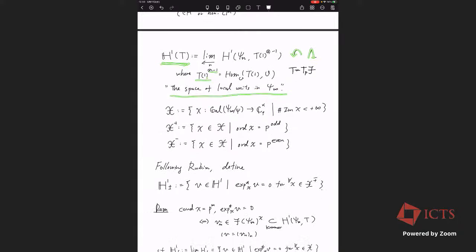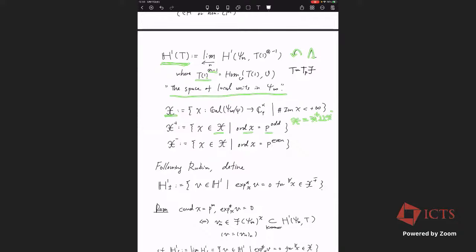Now we consider anticyclotomic characters. Let X be the set of anticyclotomic characters of finite order, and we divide X into X^+ and X^-. X^+ is the set of characters whose order is an even power of p, and X^- is the set of characters whose order is an odd power of p.